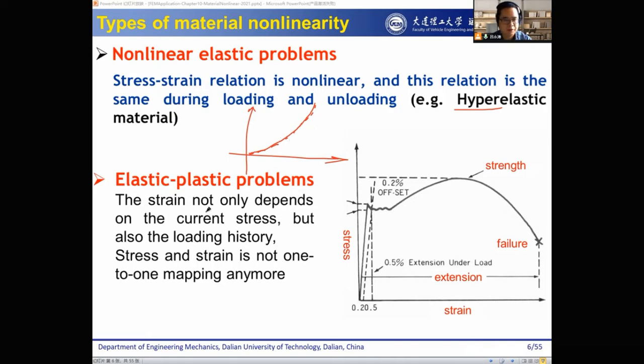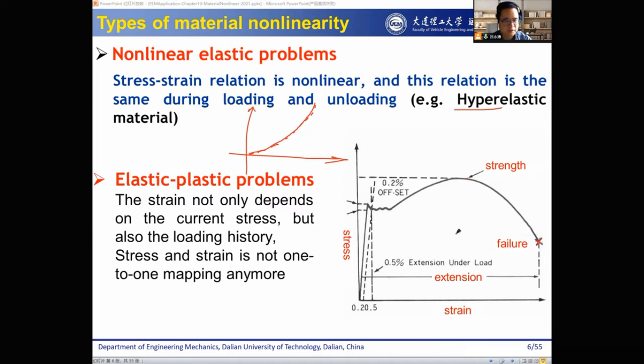And then it's the elastic plastic problems. We know this is a typical curve for the steel. So we have the linear part. Then after the yield point, the material goes to the plastic region. Then at one point it becomes the necking effect, then the curve will drop, and then at one point the material fails and the stress reduces to zero.